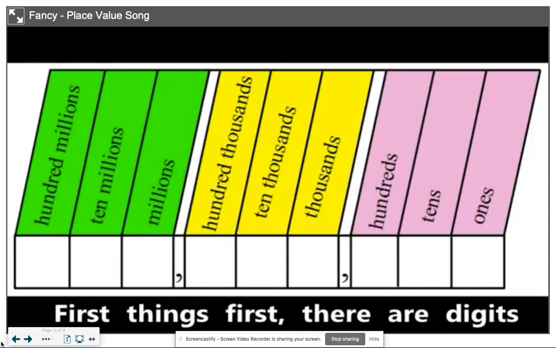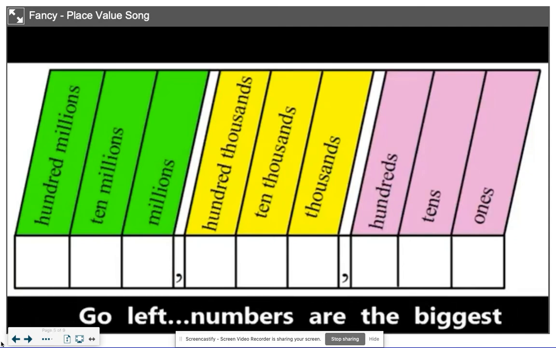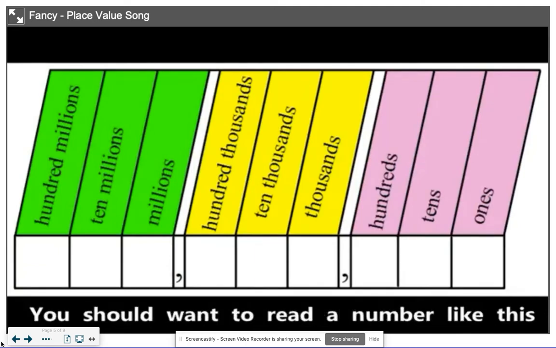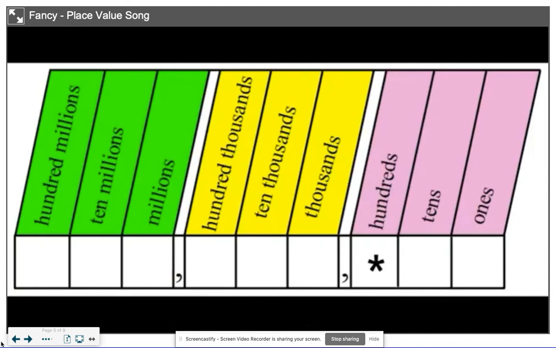First things first, there are digits. Drop this and let's learn how to read it. Go left, numbers are the biggest, I can help you out. Place value is the business. You should want to read a number like this. It's a pattern, goes just like this. Ones, tens, hundreds, thousands, 10,000s, 100,000s, millions, 10 millions, 100 million.